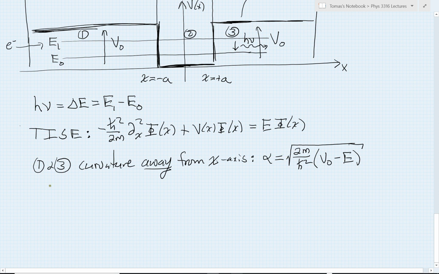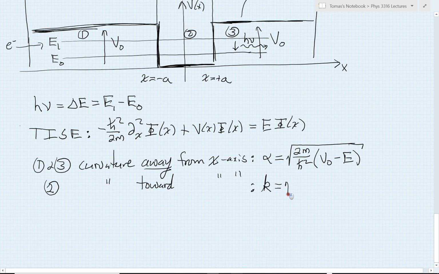Now, in region 2, our final remaining region, we have a classically allowed region. The particle's allowed to be in there. In that case, I'm going to have curvature that is always going to be toward the x-axis. And that curvature is defined by another constant, k. The curvature constant in this case is the associated wave vector of the oscillations.